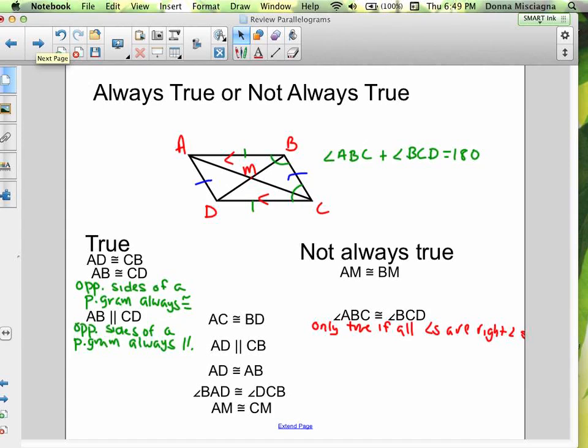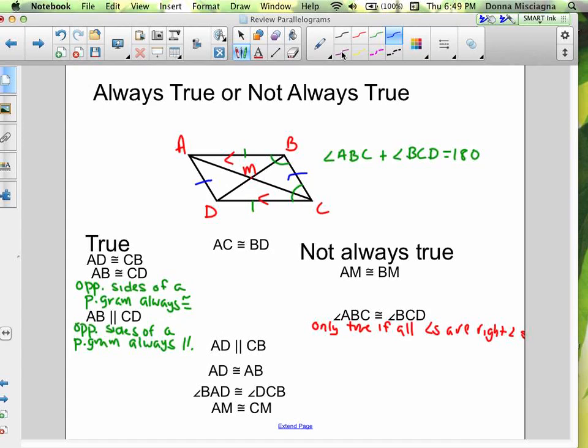Now let's look at the next one. AC congruent to BD. Well, that would be the diagonals here. I'll try to draw a straight line. Not very straight, but there we go. That's better. Now, are those diagonals always congruent?